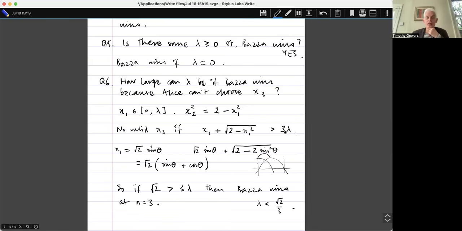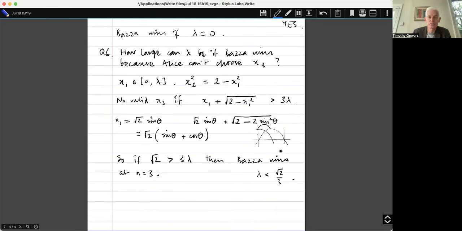And then Alice would be absolutely free, because 3 lambda is greater than or equal to root 2, to choose x3 equals 0. So that demonstrates that this was an if and only if. So the answer to that question is lambda less than root 2 over 3.